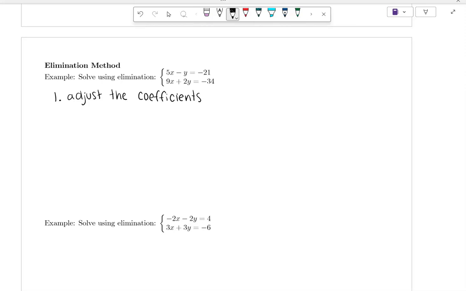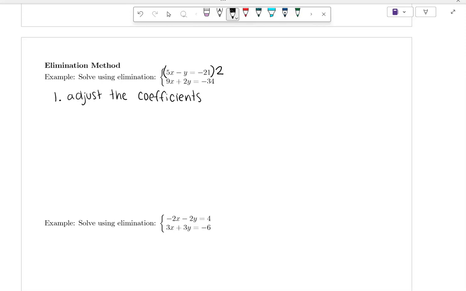So what we'll do for the first one is we're going to adjust the coefficients so that 2 of our variables are the same. So you either want to get your x's to be the same or your y's to be the same. And the way you can do that is by multiplying the entire equation by something. So in this first one, we're going to multiply the entire top by 2.